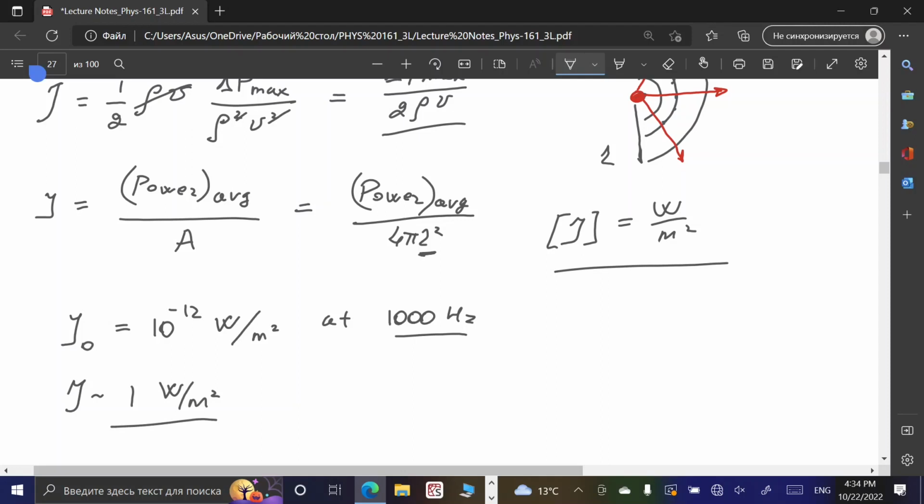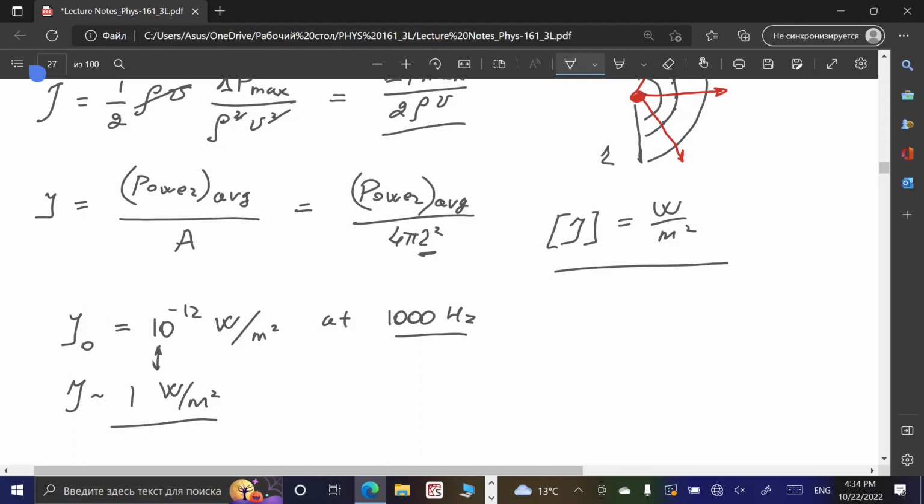That will be too loud for normal listening. You can of course create sound with higher intensity than 1 watt, but it doesn't make sense, because if it's already painful, no one will listen to this. So this is quite a wide range.